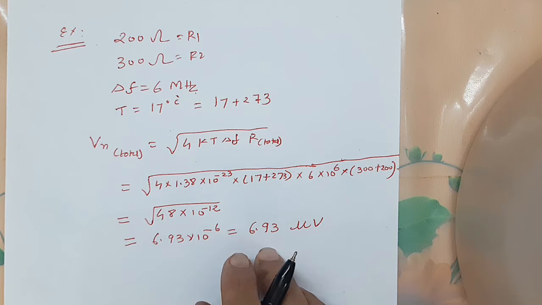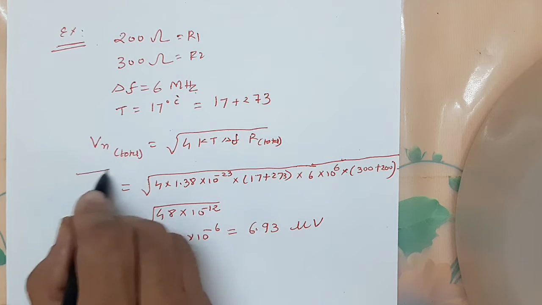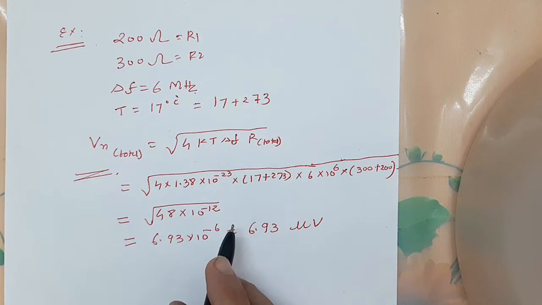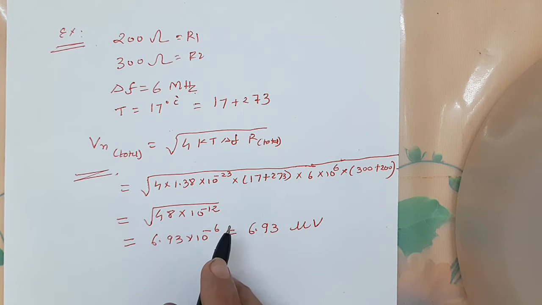To calculate the noise voltage due to several resistors in parallel, find the total resistance by standard methods and then substitute this resistance into the above equation. This means that the total noise voltage is less than that due to any of the individual resistors, but as shown in the above equation, the noise power remains constant.